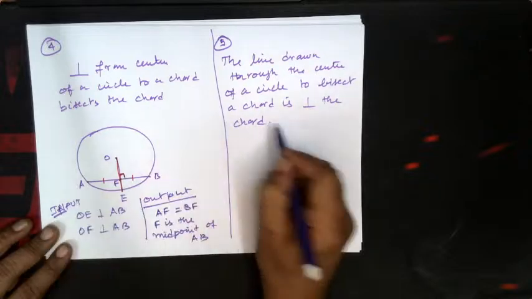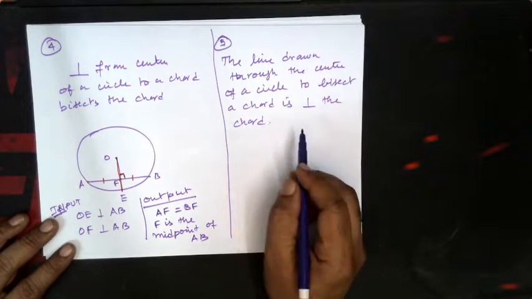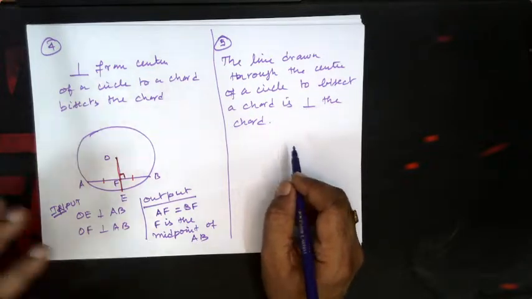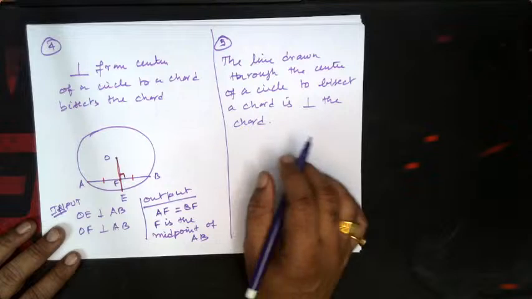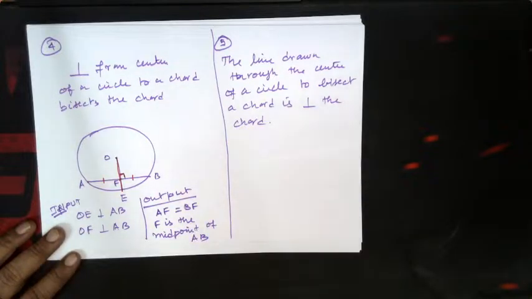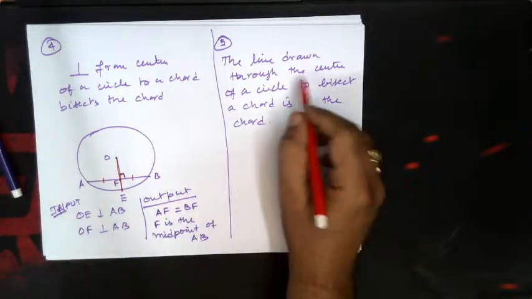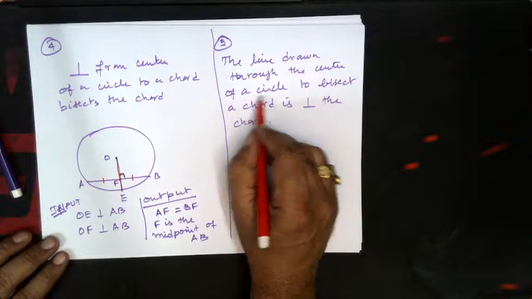So when you try to remember it as a statement, it would be very difficult for you to remember. Best thing is you can adopt the algebraic method or some iconic representation or some symbols. For instance, you know very well the line drawn through the center of a circle.